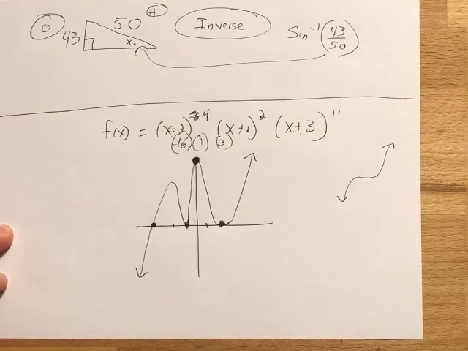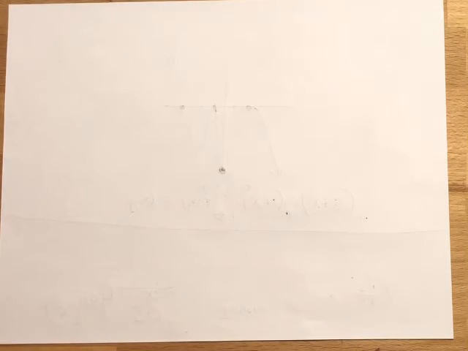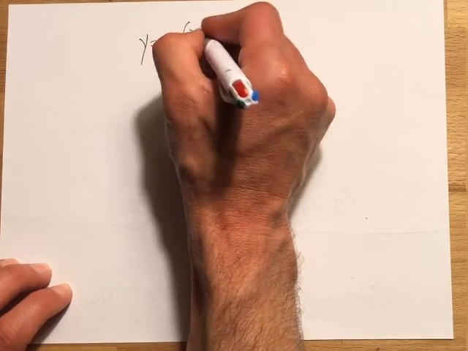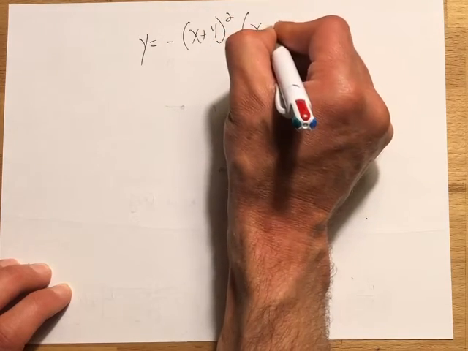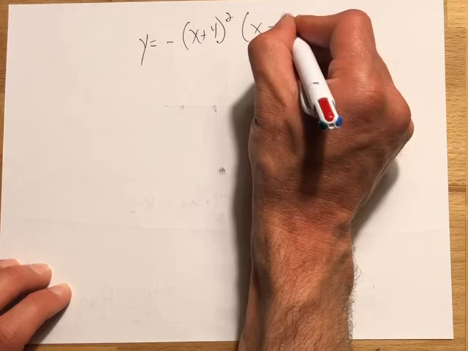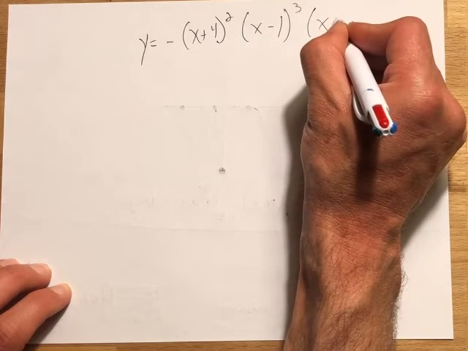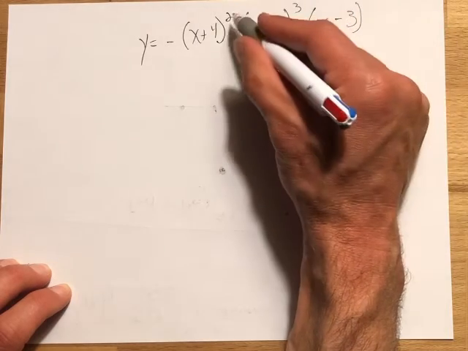Okay, I'm going to give you guys one to try now. This is from last semester because I gave you a couple questions about this. I'm going to have you guys graph this. Y equals -(x plus 4) squared times (x minus 1) cubed times (x minus 3) to the 1st.